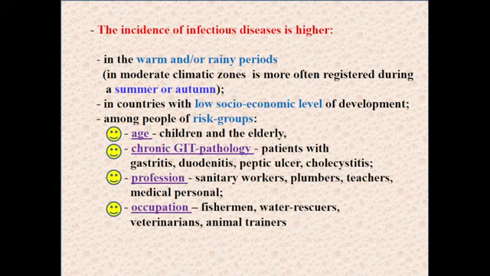Among people at risk: age, children and the elderly. People with chronic GIT pathology, patients with gastritis, because lower acidity makes this barrier less effective, duodenitis, peptic ulcers, cholecystitis, etc. Professions: sanitary workers, plumbers, teachers, medical personnel. Occupations: fishermen, water rescuers, veterinarians, and animal trainers.